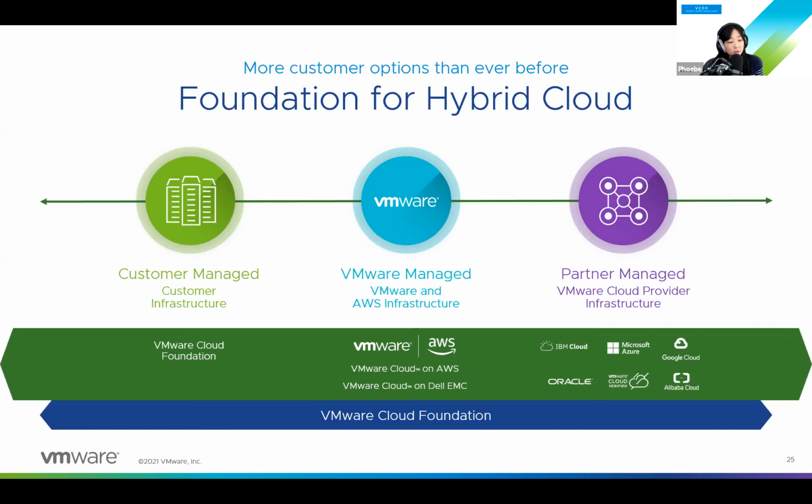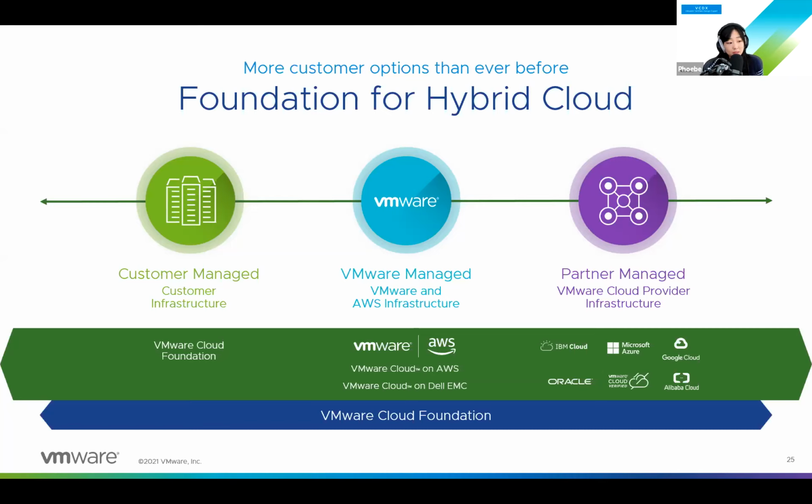And then you could go more into VMware managed infrastructure, like VMware Cloud on AWS, which I mentioned earlier. There's also VMware Cloud on Dell EMC, where it's VMware managed infrastructure. And then there's also partner managed infrastructure, and there are a lot of different providers there.